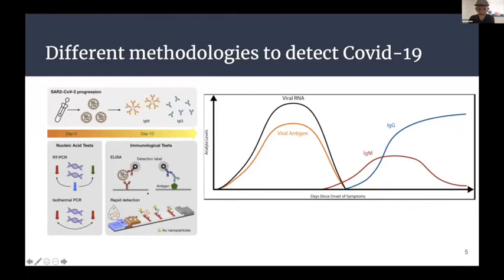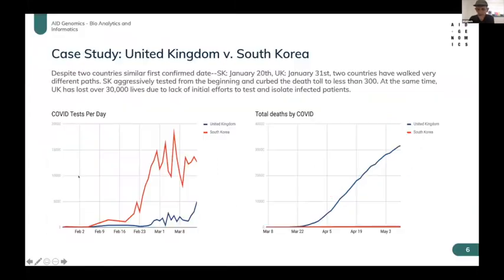And then there is a way to identify the virus either through antibodies, which are reagents made by the company, or by measuring the response to the virus in the immune system of the host. And to clarify, that last test is not actually informative in terms of the contamination or infectious potential of the individual. And so we've been focusing mostly on viral antigen as well as viral RNA PCR.